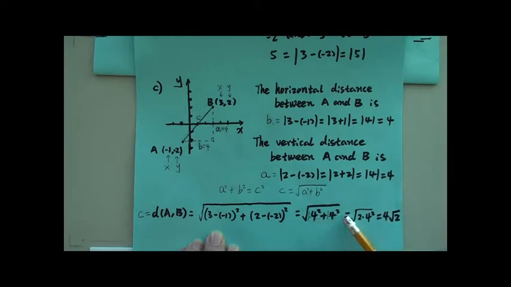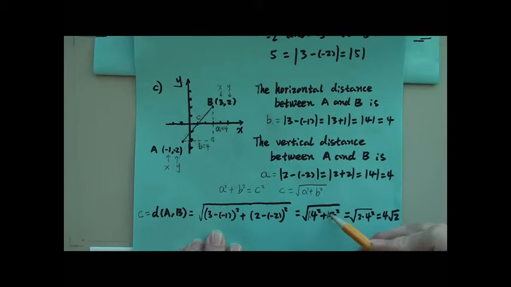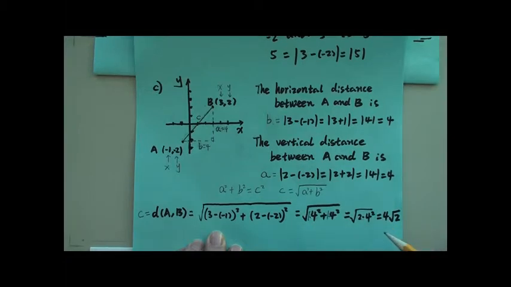This is 4 squared plus 4 squared inside the radical sign, and then there is a 1 in front of 4 squared, because 1 times 4 squared is still 4 squared. Here there is 1, here there is 1, together it is 2 times 4 squared.